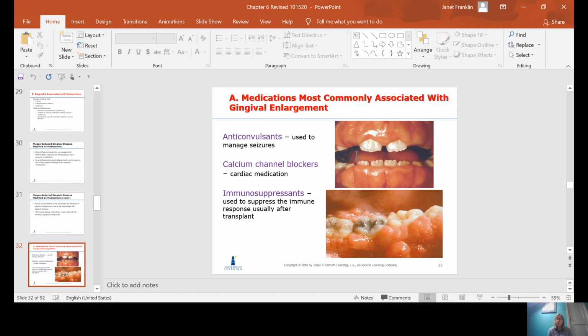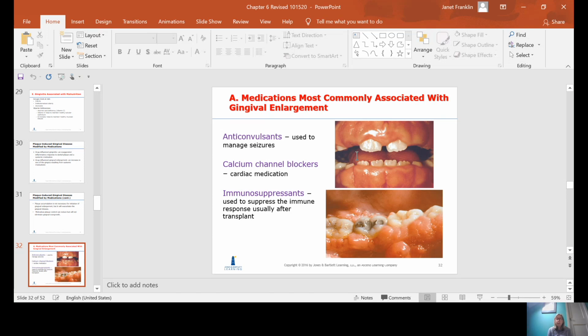Usually immunosuppressants are used after a transplant, but there might be other reasons they're using something to suppress the immune system. Some sort of reason they don't want the immune system to attack itself.